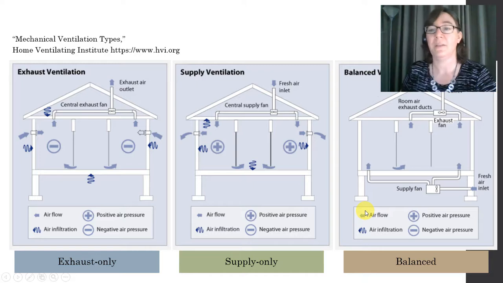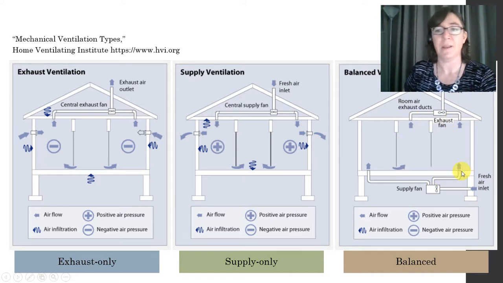Let's move on to the balanced ventilation system. In this case, we have a supply system down here, getting fresh air from this inlet and then blowing it into your room with your supply registers. Then you have a separate exhaust system that is taking the exhaust air, sorry, not return, and pulling it out of the building.